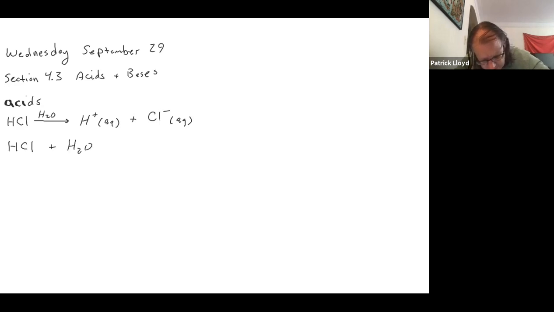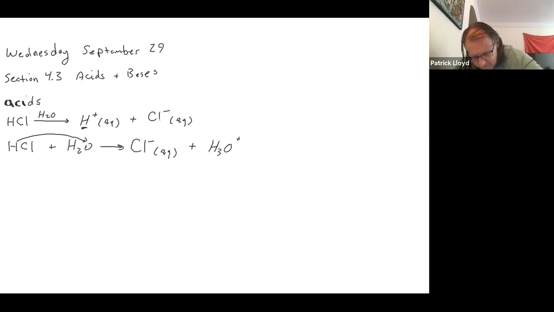So it can actually react with a substance like water, for example. And in that process, it transfers this hydrogen ion to the water molecule. So that leaves behind, again, the chloride ion. That's your counter ion. But now you get this new substance that has the water and the hydrogen ion, and we call that the hydronium ion.